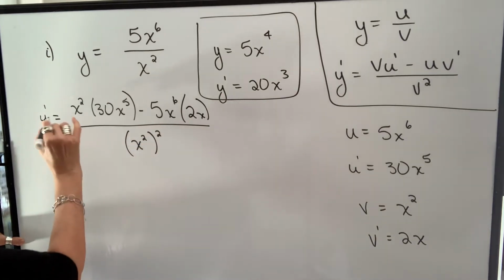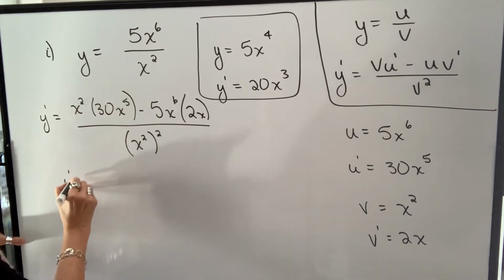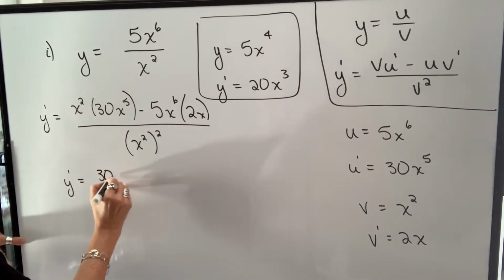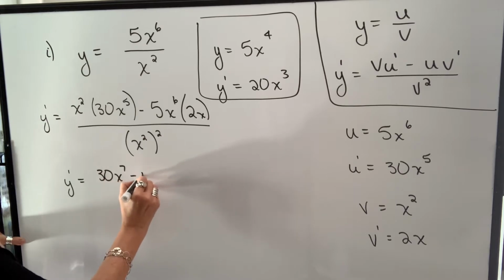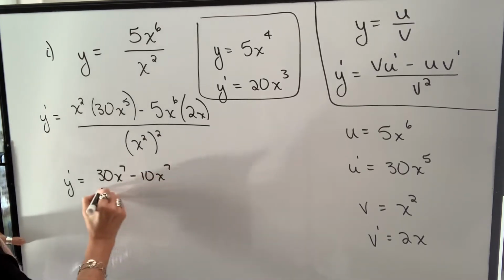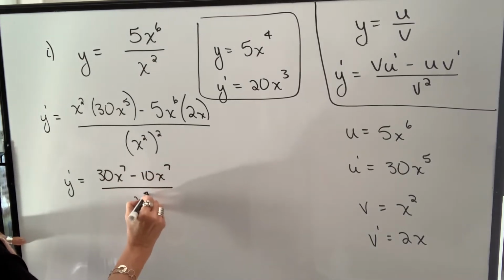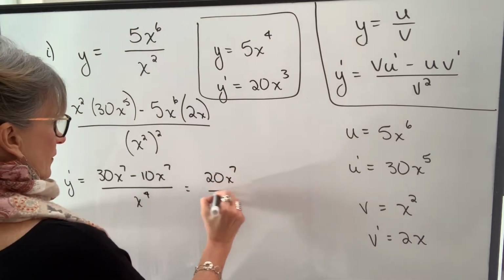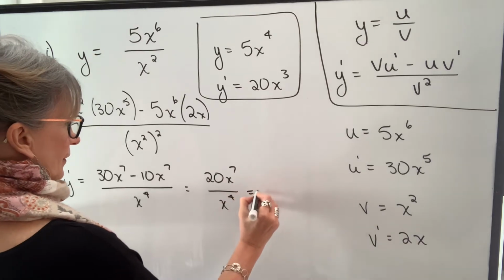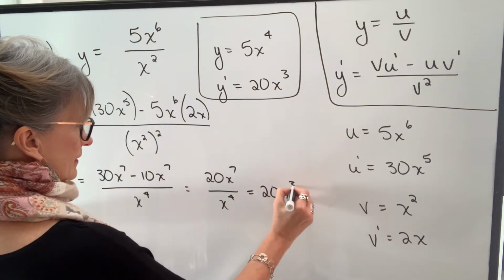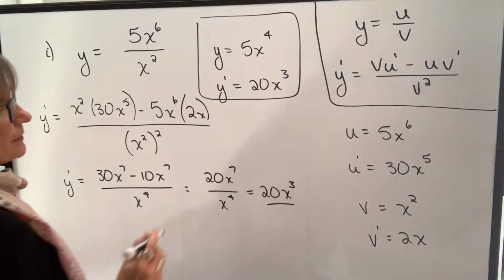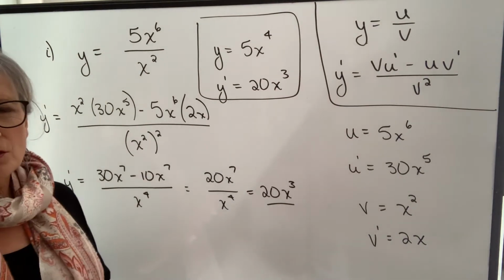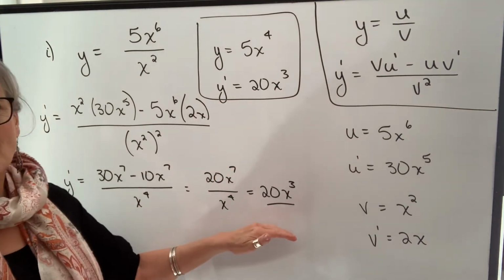So let's simplify this. So I have 30x to the 7th minus 10x to the 7th over x to the 4th. And that will be equal to 20x to the 7th over x to the 4th, which is 20x cubed. So I just wanted to do this question so that you could see the formula worked.